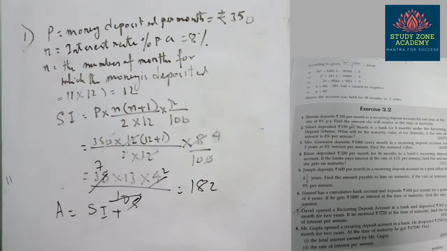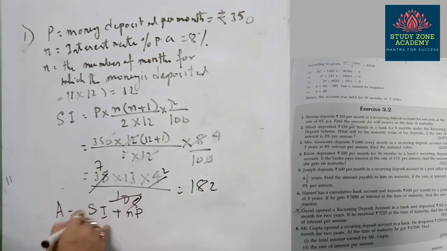So the total principal will be N into P. N means time, and P means money deposited per month. Clear? So SI plus money deposited per month into the time.